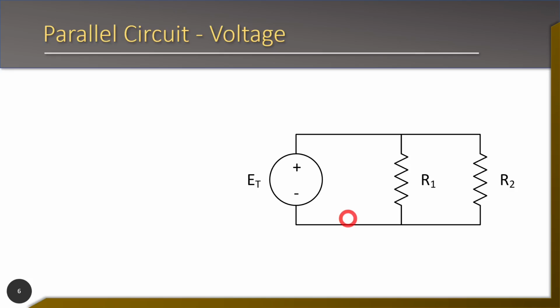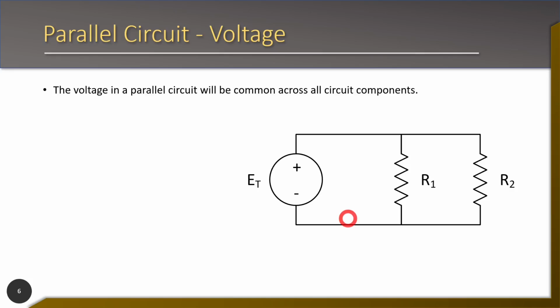Okay, so let's look at voltage. The voltage in a parallel circuit is common across all components. Now, this is different from a series circuit. Remember, a series circuit was a voltage divider. Now, all these components are going to experience the same voltage because they're all across our power supply.